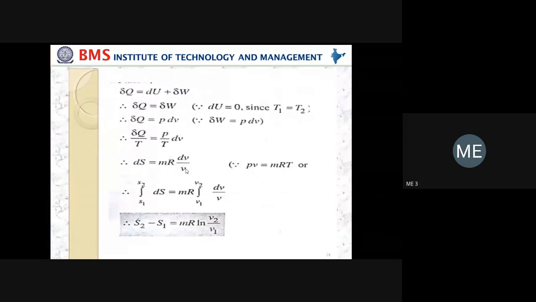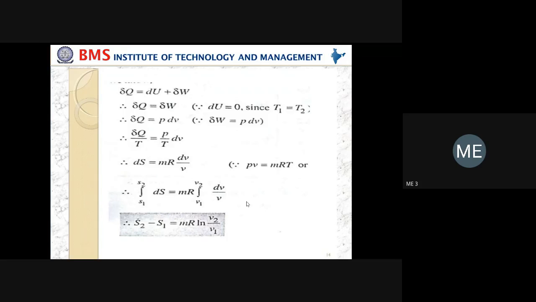Now the next step is to integrate between the limits 1 and 2, that is S1 to S2 equals mR integration of dV by V. So integration of dS is S2 minus S1, mR is a constant term, and integration of 1 by V dV is ln of V2 by V1.